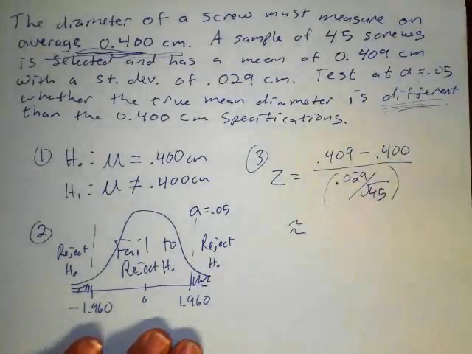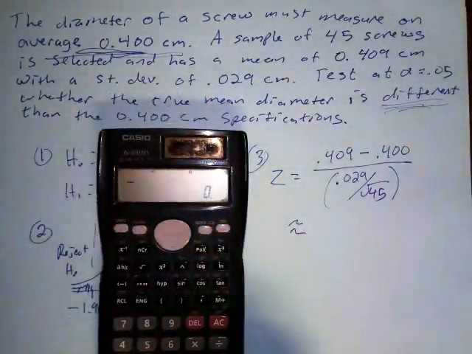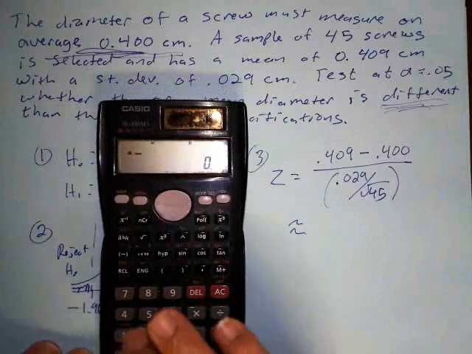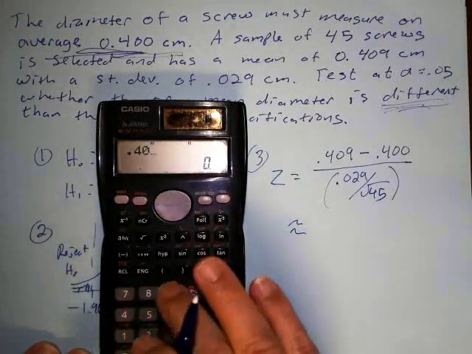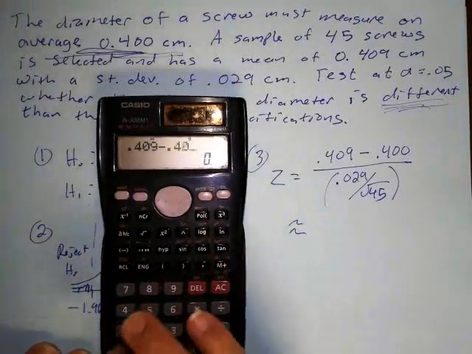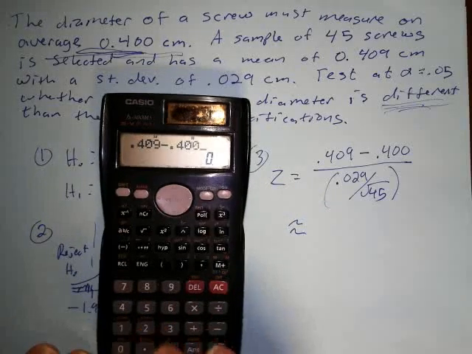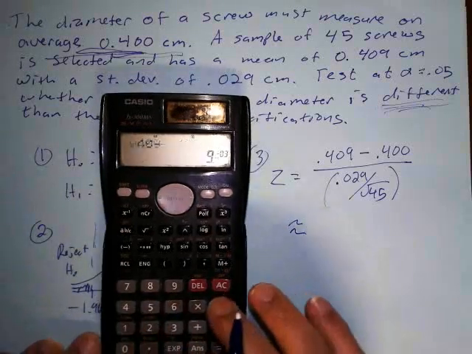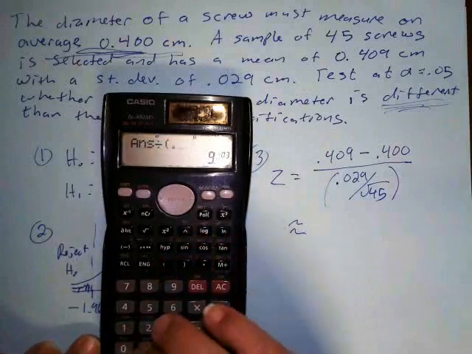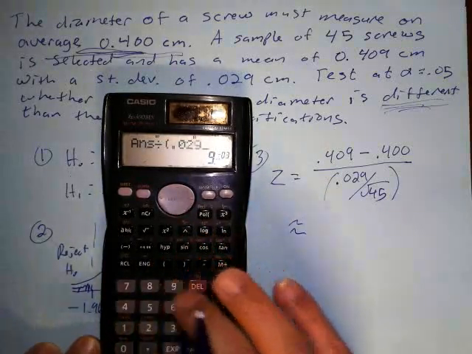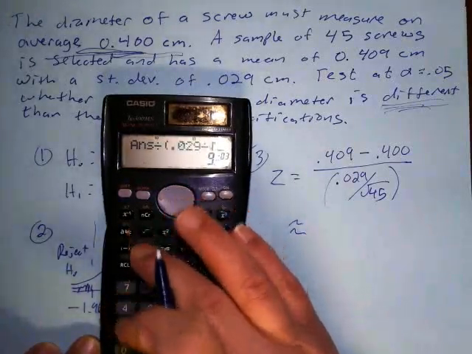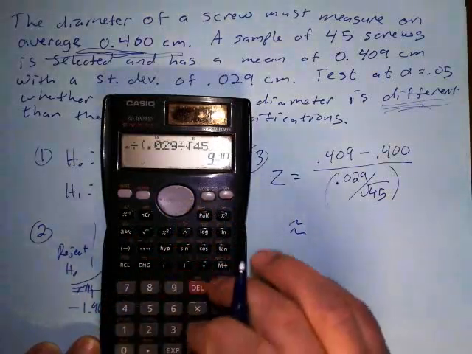Okay, so plugging this in, we get 0.409 minus 0.400, and I'm going to divide that by 0.029 divided by the square root of 45.